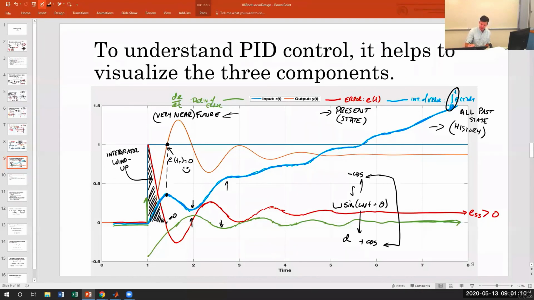And so this phenomenon of integrator windup means that PI controllers will always overshoot. And the explanation for that, again, is at this point in time, the P is 0, but the integrator is positive.